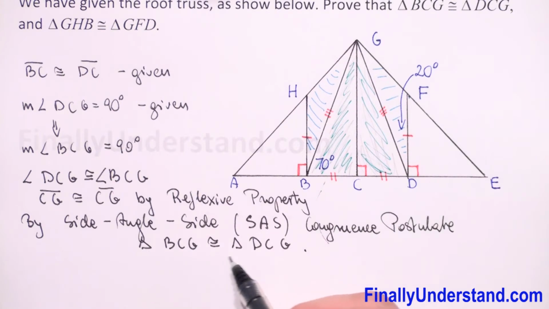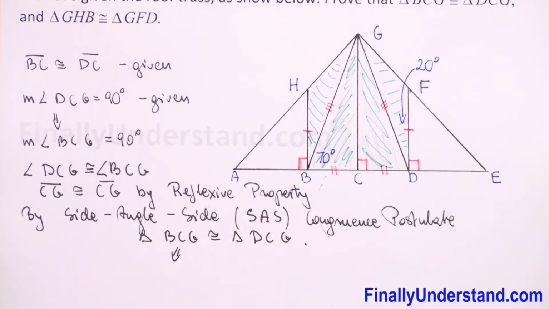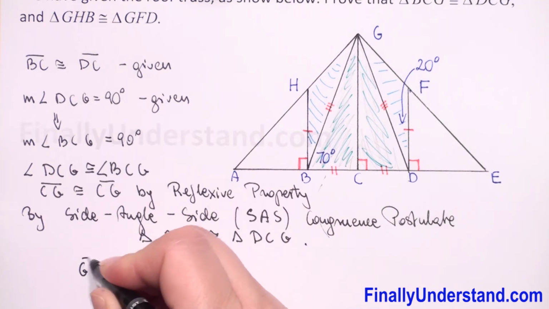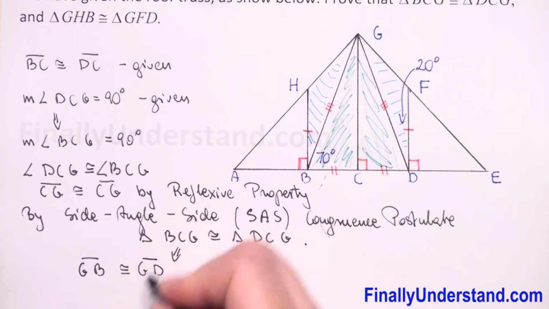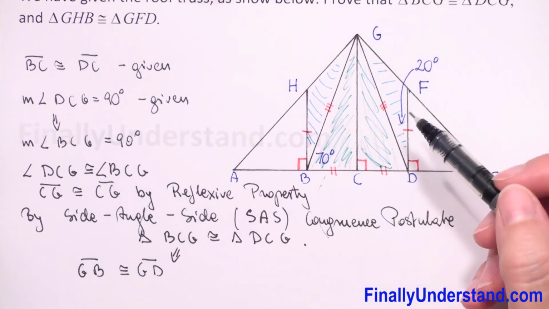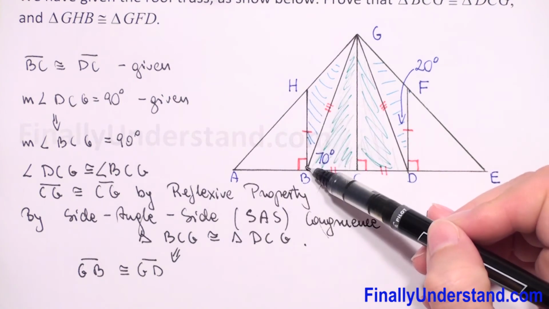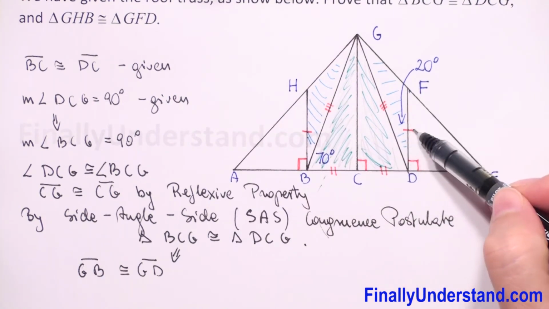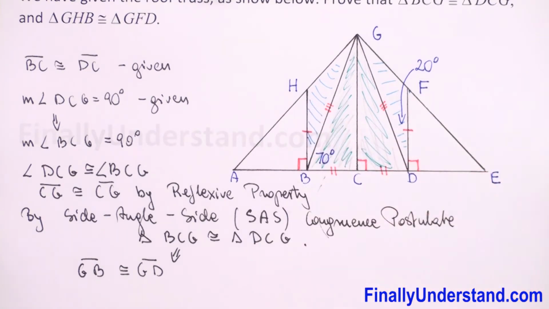So from this statement, we have now that segment GB is congruent to GD. We are also given that HB is congruent to FD because we have these red marks on these two sides.